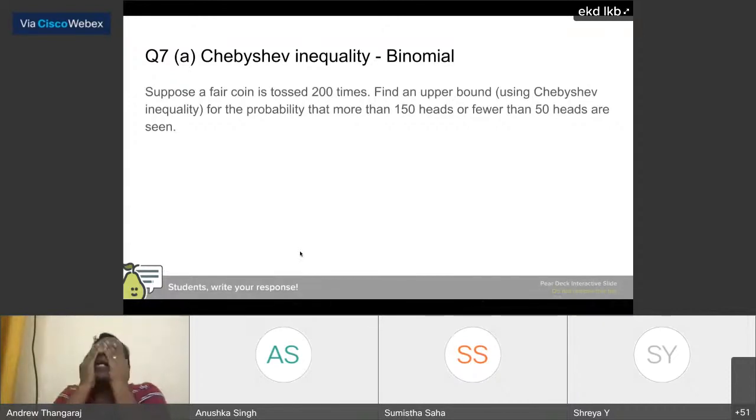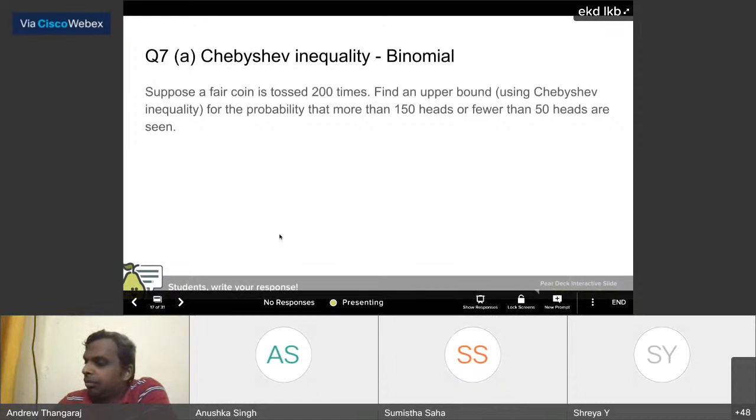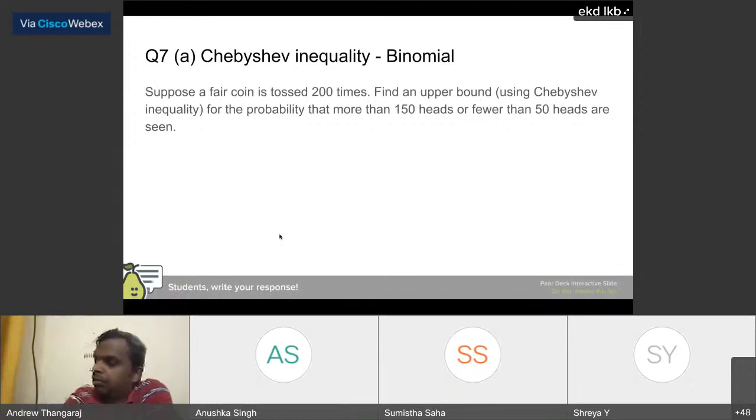You have a fair coin that is tossed 200 times and you have to find an upper bound for the probability that more than 150 or fewer than 50 will be seen.